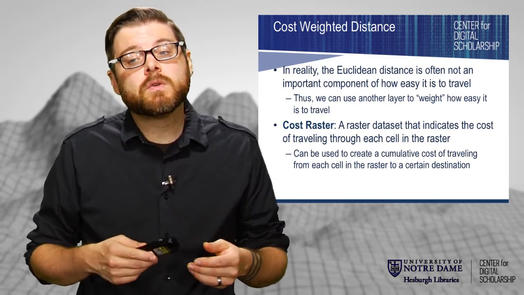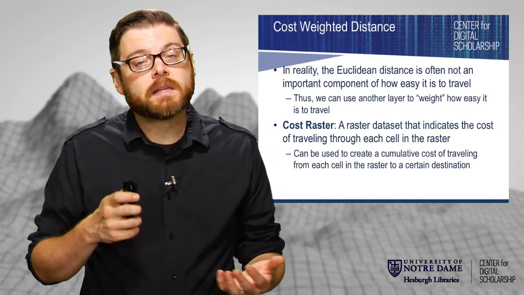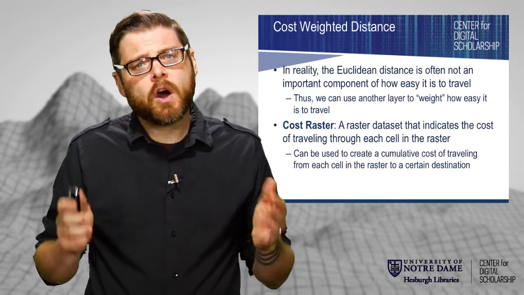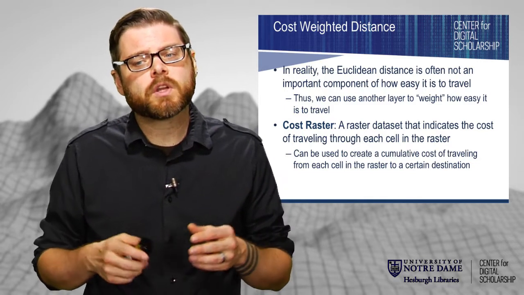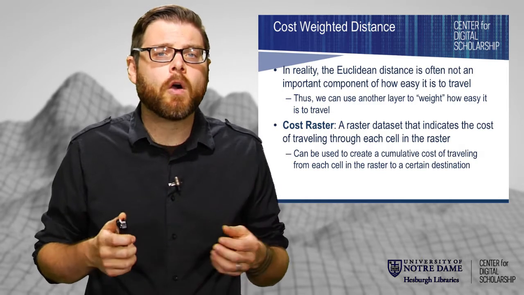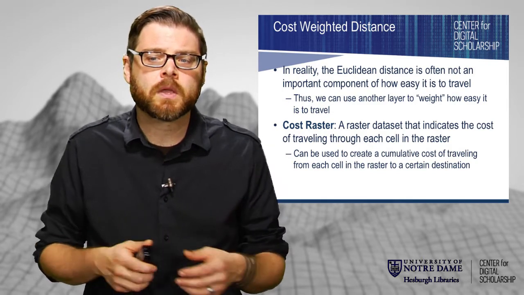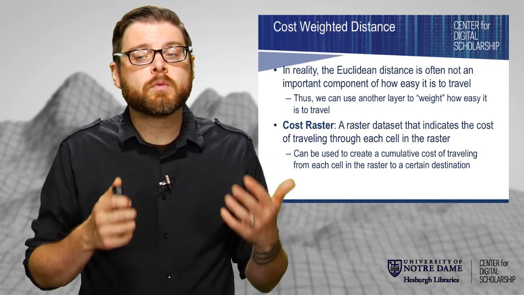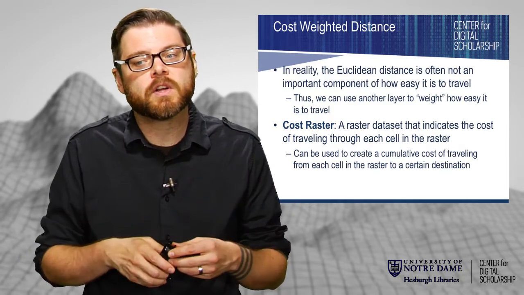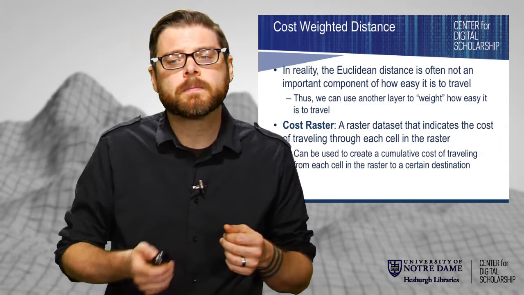So we might want to use another layer to weight how easy it is to travel across a particular surface. And this is something we call cost-weighted distance analysis, where the cost raster is another raster data set that just indicates how hard it is to travel across that surface. So we can use this to create a cumulative cost of traveling from one cell to another across that raster to a particular destination.